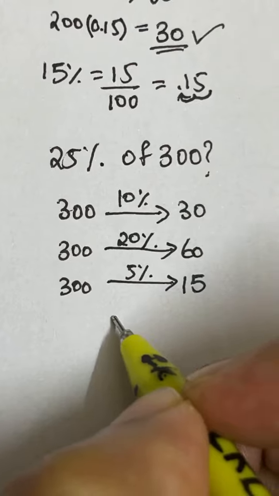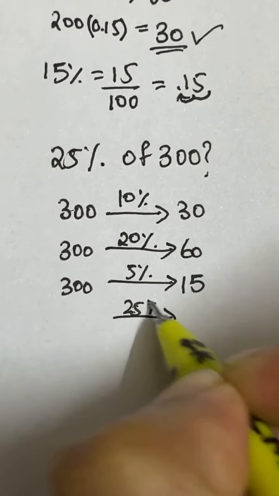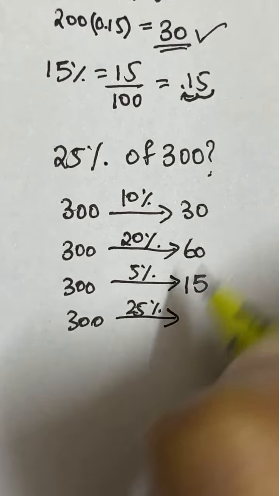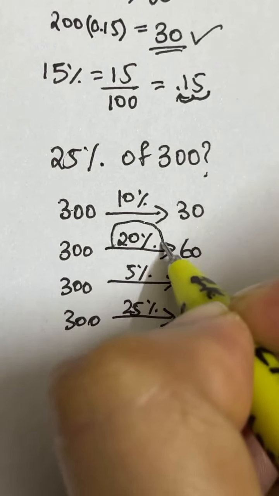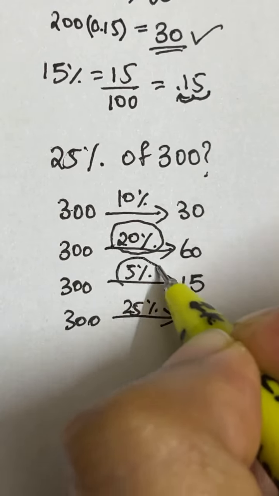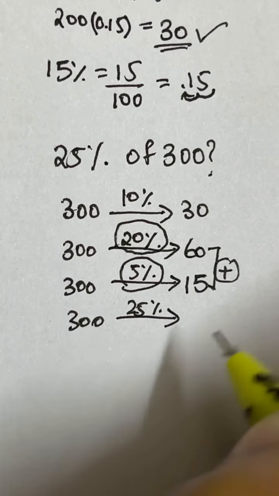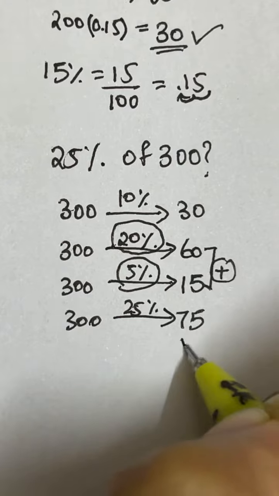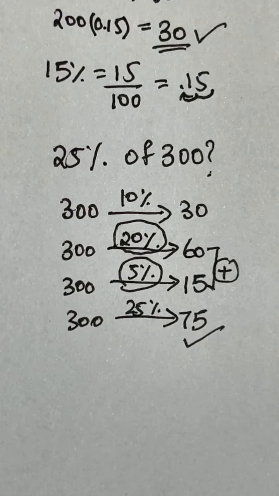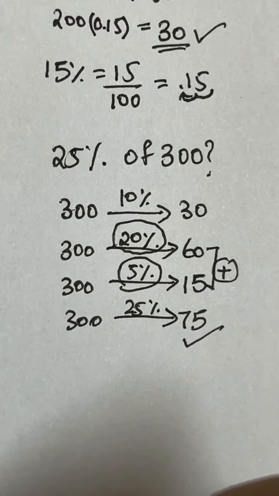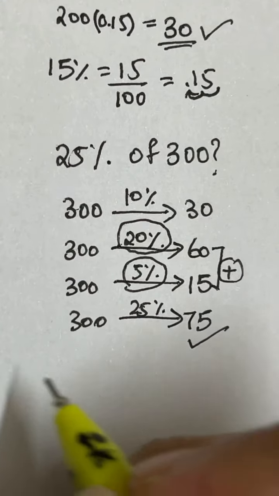And now what will be 25% of 300? That's just adding 20% and 5%. So that means you're going to add 60 plus 15, and 60 plus 15 gives you 75, and that's your answer, 75. All right, and if you want to confirm it using your calculator, how are you going to confirm?